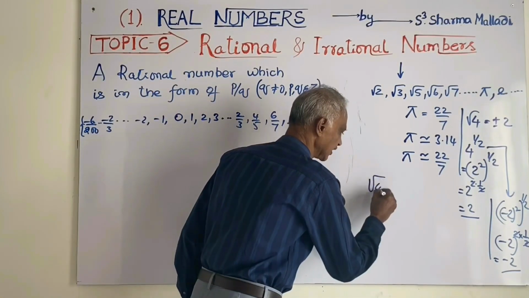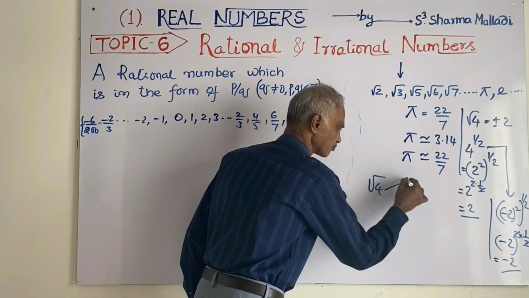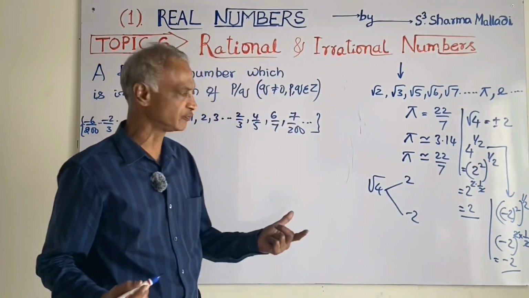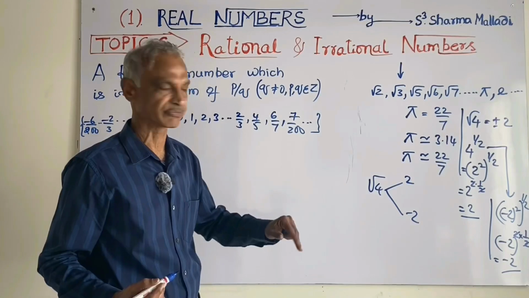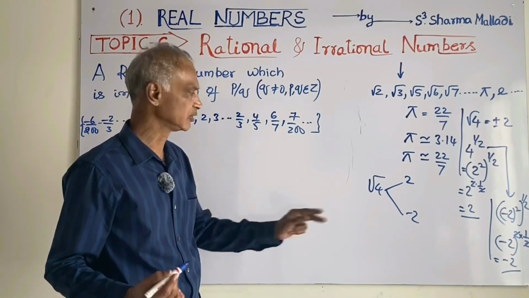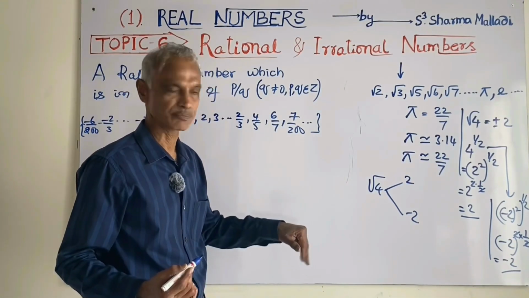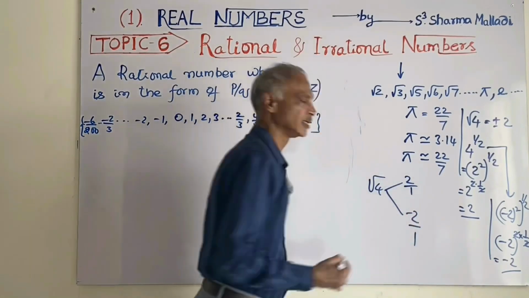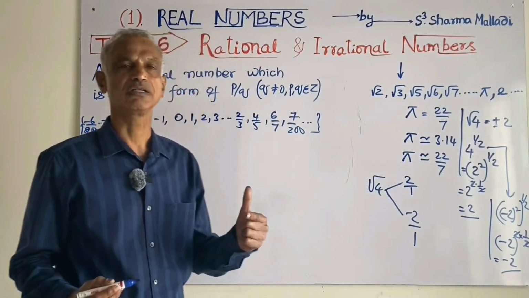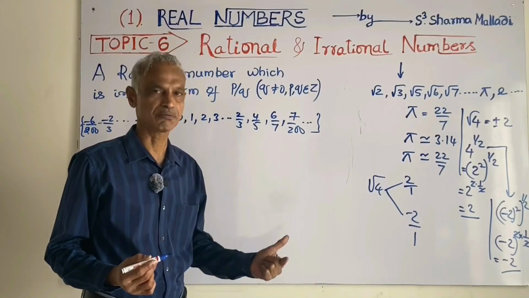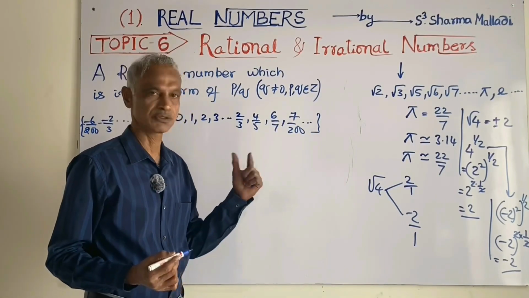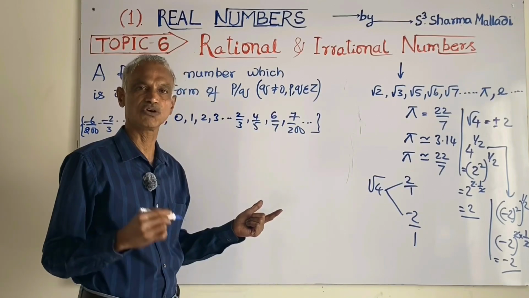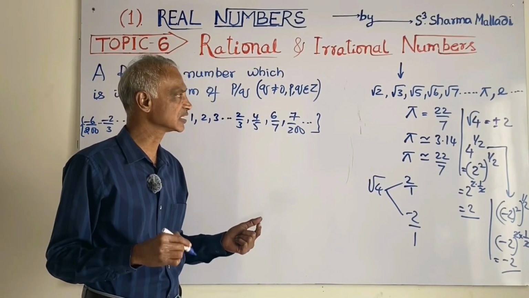Root 4 can be written as 2 and minus 2. It can be written as 2 by 1 and minus 2 by 1. That's why root 1 is a rational number. Root 2, irrational. Root 3, irrational. Root 5, irrational. Root 4, rational. Root 6, irrational.